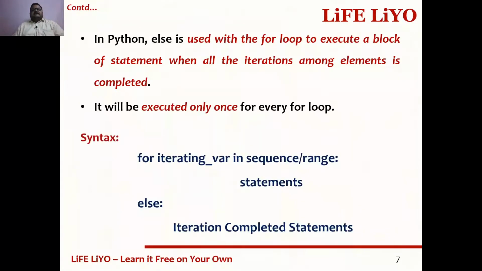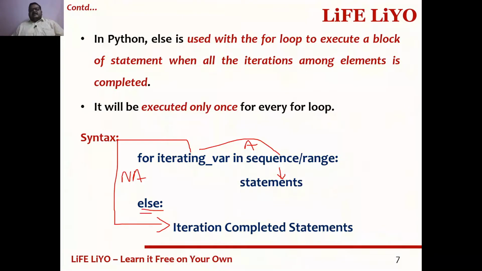The syntax is the same as for, but whenever the iterating variable in the sequence or range has been completed, then it comes to the iteration-complete statement, that is the else block. So is it compulsory to use else block in the Python for loop? No, it is purely optional.